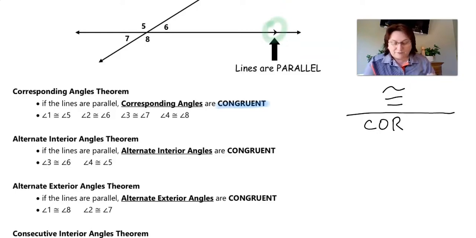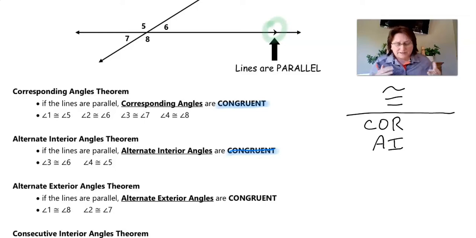What else do we have? The alternate interior angles. Do you guys remember alternate interior angles? They're inside the lines, and they alternate across the transversal. If the lines are parallel, these are also congruent. So alternate interior angles will be congruent.